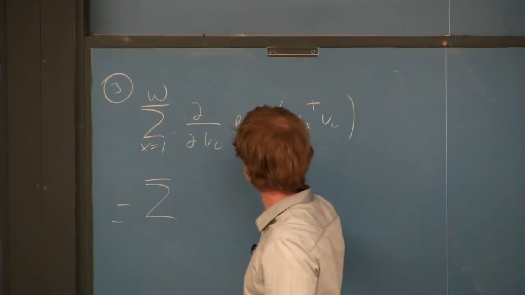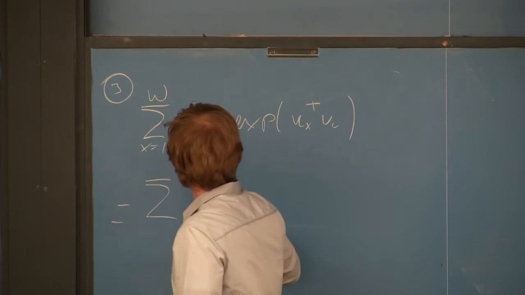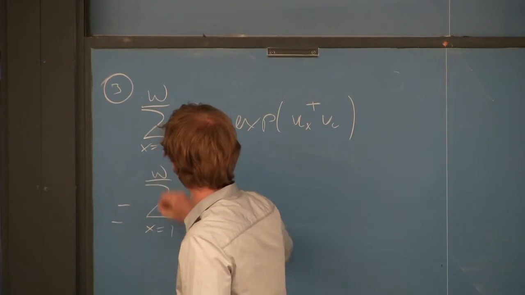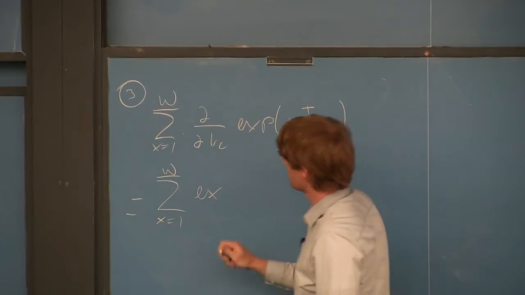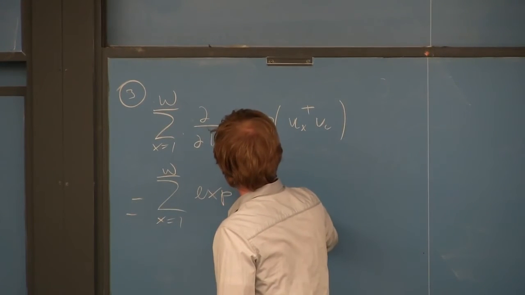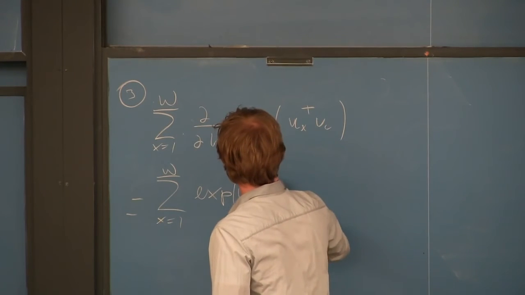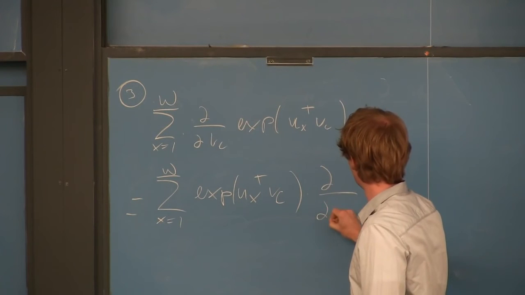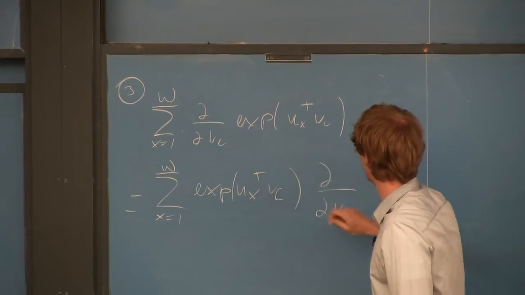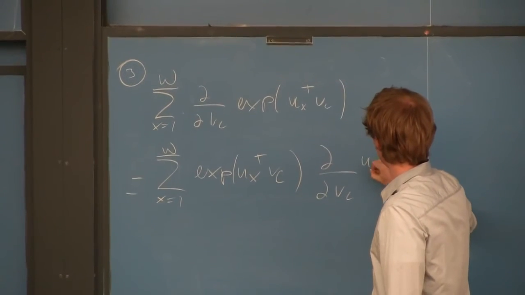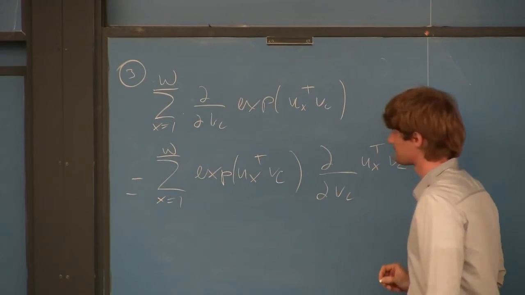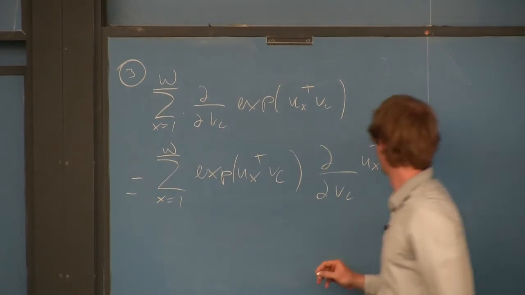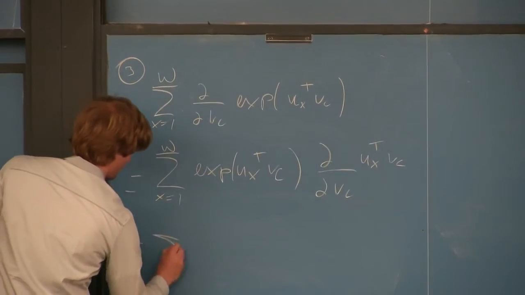Chain rule is derivative of the outside times the derivative of the inside, so let's not drop our indices, otherwise we may get confused with the w later. We have the exponent of ux transposed vc times the derivative with respect to vc of the inside of that function, which is ux transposed vc. So now what's the derivative of that? ux.